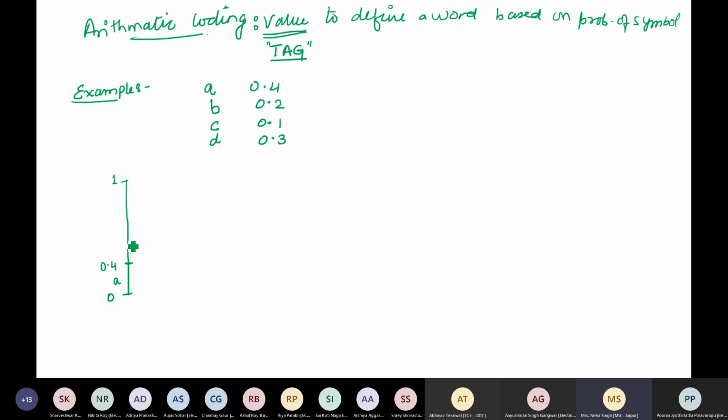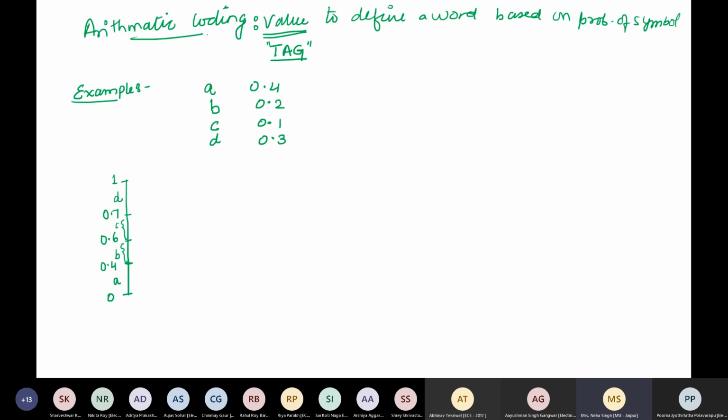Above that, any number between 0.4 and 0.6, which gives an interval of 0.2, will be the tag for a single B transmitted. Similarly, any number between 0.6 and 0.7, with an interval of 0.1, will be the tag generated for C. So this is A, this is B, this is C and this is D.